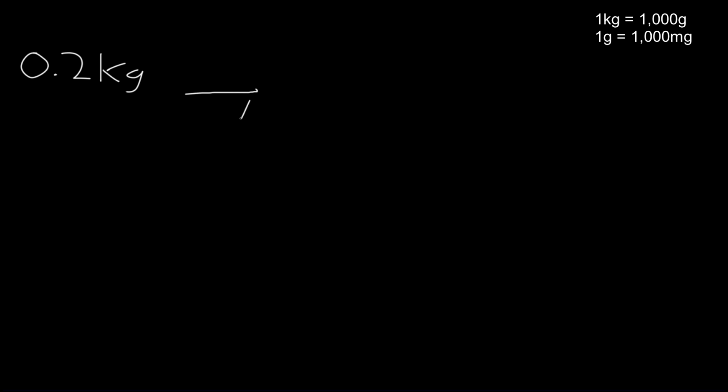Again, I want to get rid of the kilograms, so I put kilograms on the bottom, grams on top. 1 kilogram has 1,000 grams, so now we multiply 0.2 times 1,000 over 1. I'll first get rid of the kilograms, all we're left with is grams, then we just do the math, and we are left with 200 grams.